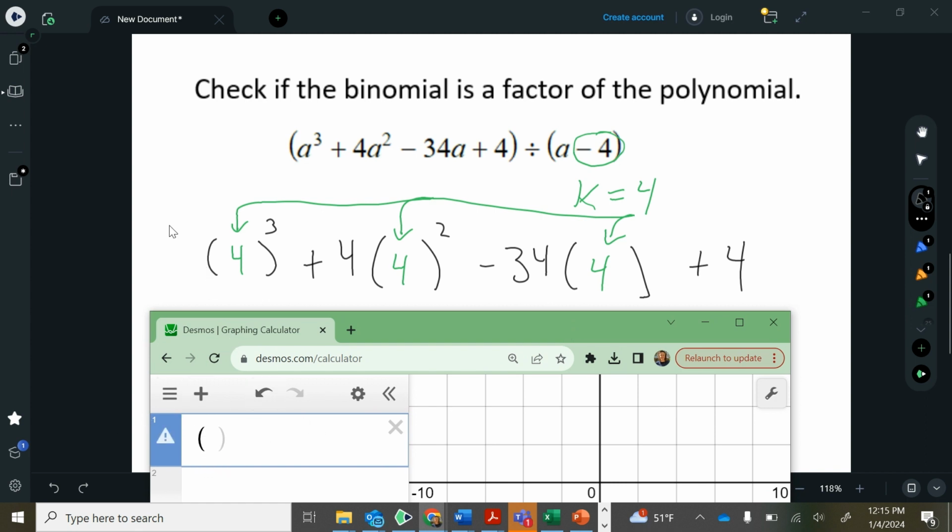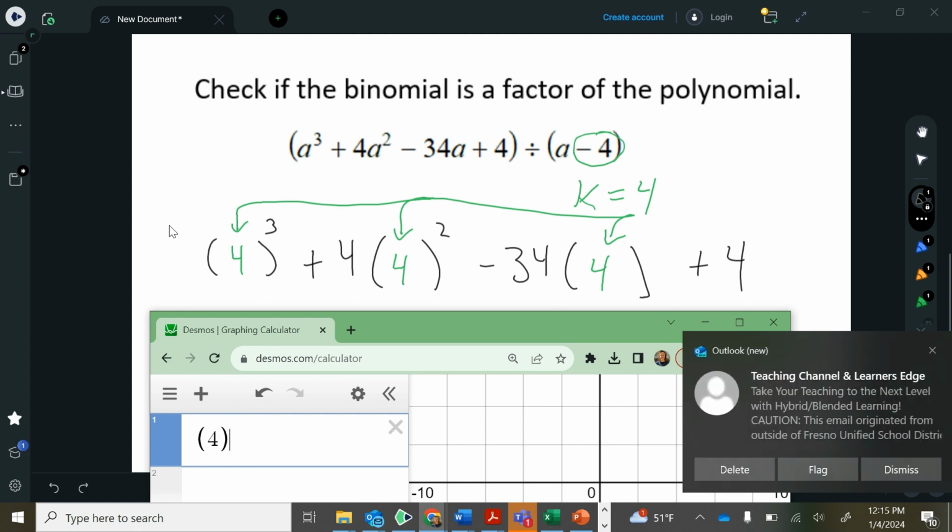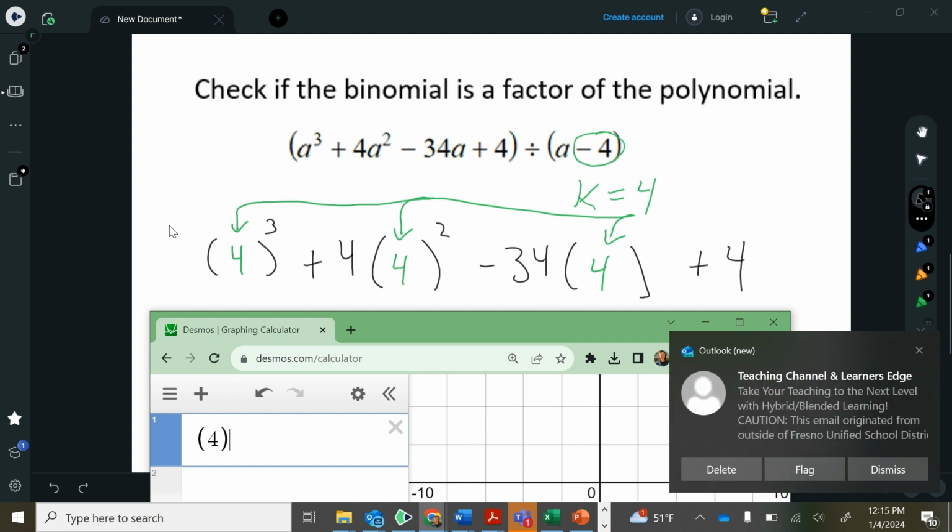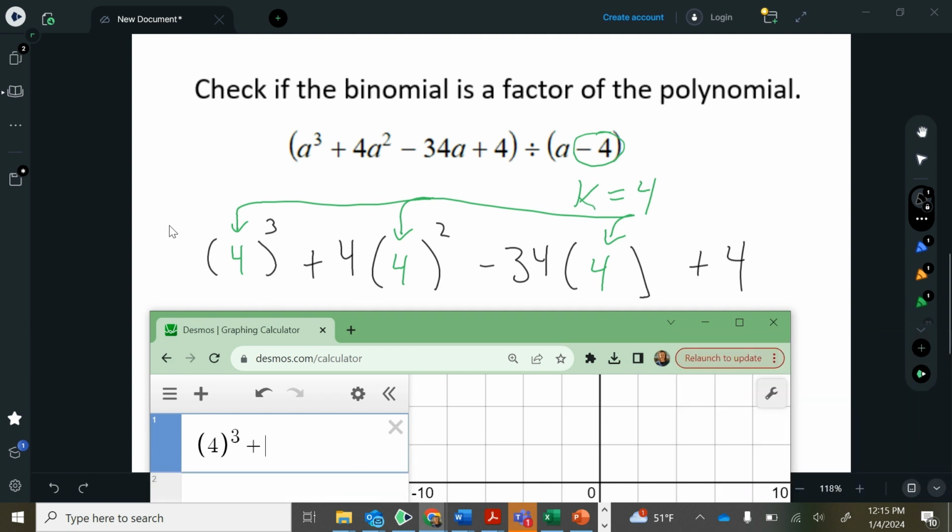So parentheses 4, close parentheses, exponent 3 plus 4, parentheses 4, exponent 2 minus 34, parentheses 4, plus 4.